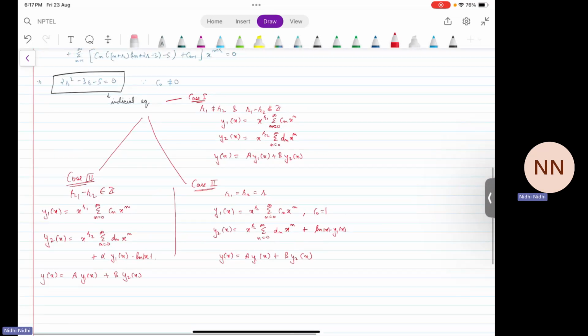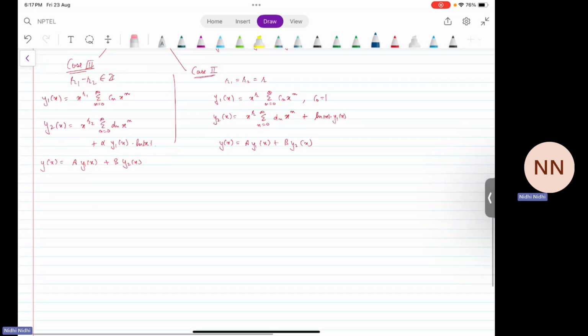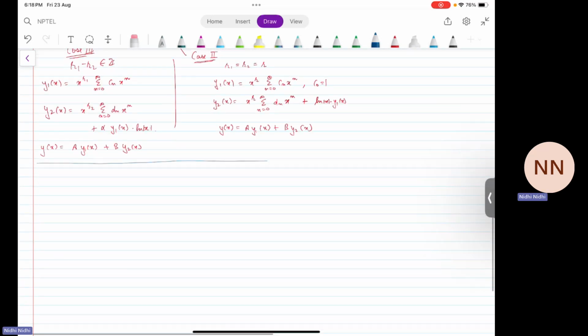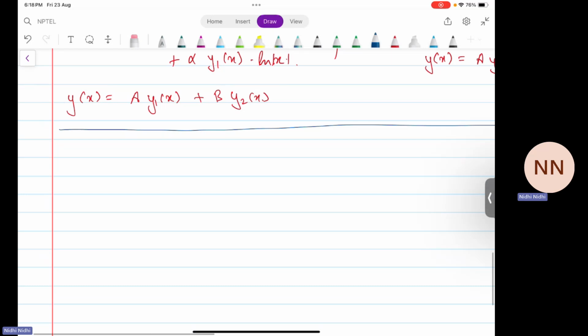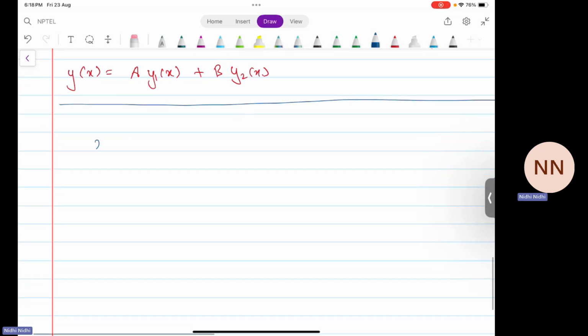Now in this case, our indicial equation was 2r square minus 3r minus 5 equals 0.